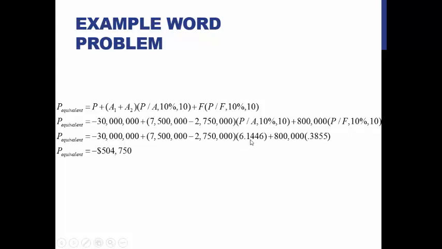So these factors, if we use the appendix in the table, this is in the back of the book, 6.1446, and then this is 0.3855, and then this present value is negative $504,750. If this was confusing to you, please try and follow along with the textbook and actually do the math instead of just watching me do it, because that might help clear some things up.